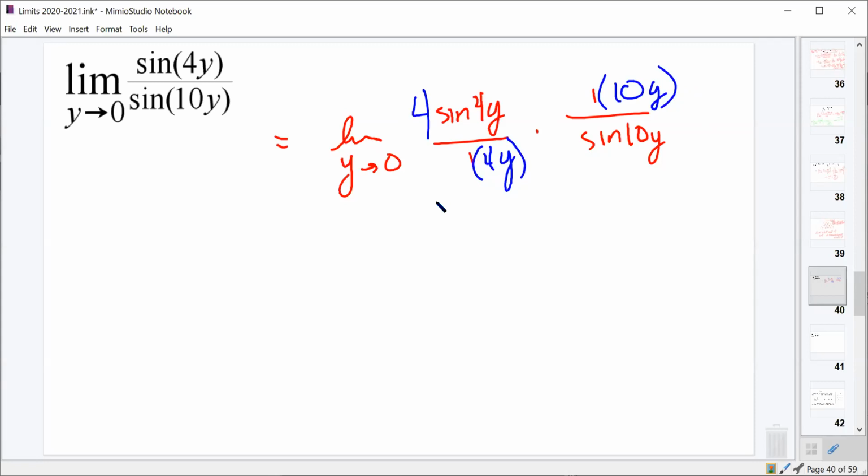Shouldn't matter which side it's on, because I can always put all this right back together and make this a 40y up here that I'm putting in the top. You guys see that? And since I put a 10 in the top, I got to put a 10 in the bottom. And so effectively, I've multiplied the numerator by 40y and the denominator by 40y. Good or no?